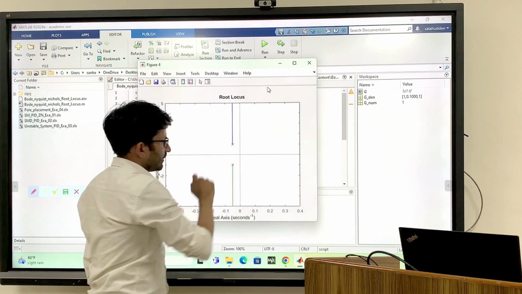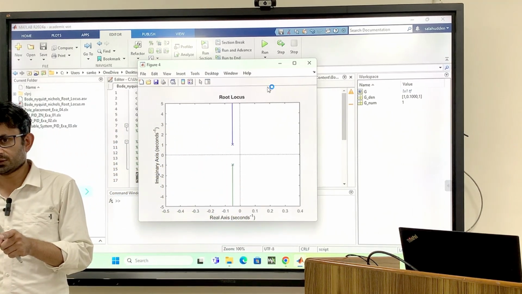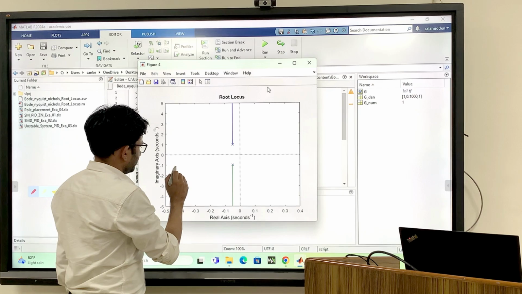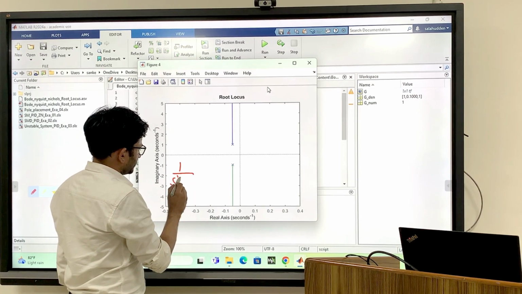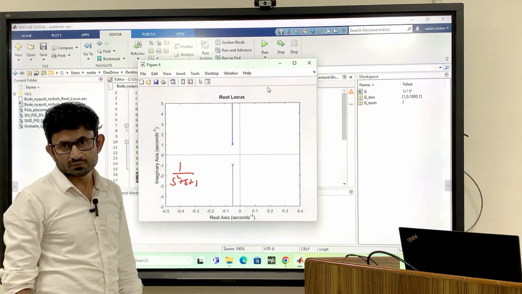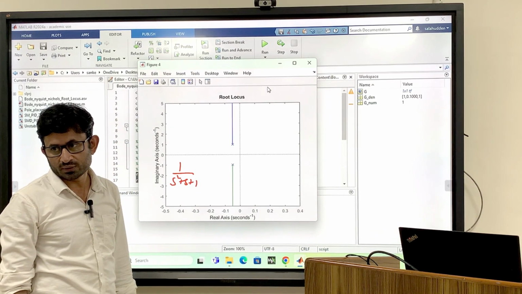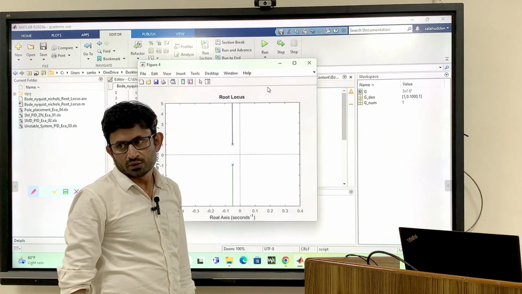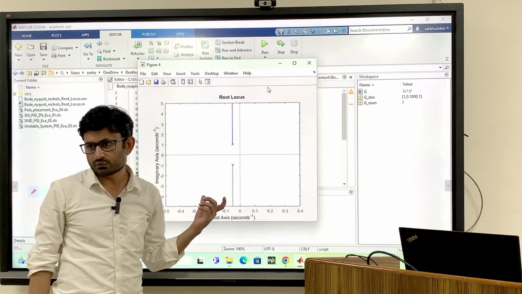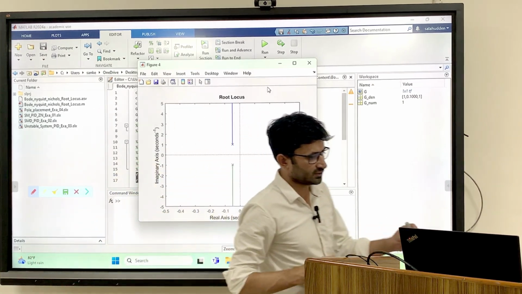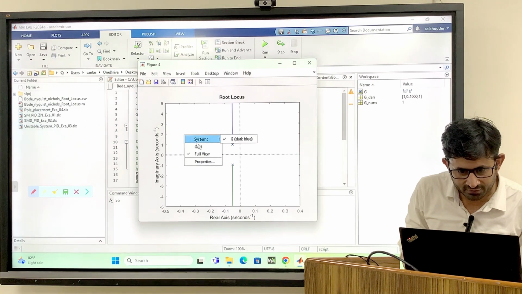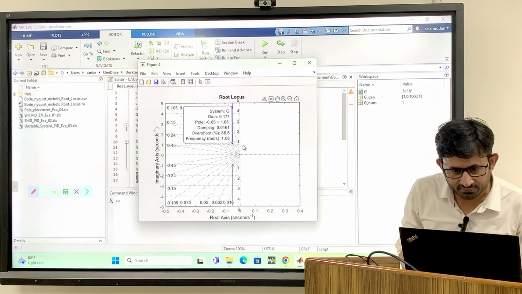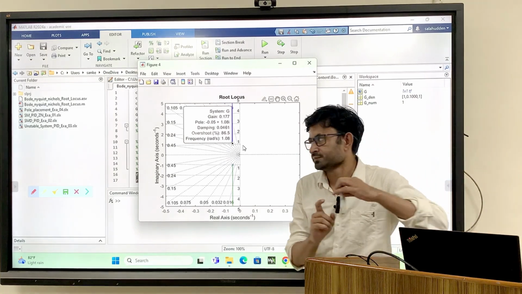As I said, the cross mark indicates the location of the pole. In this case the system was 1 upon s square plus s plus 1, the spring mass system where m equals 1, c equals 1 and k equals 1. You solved this quadratic equation and found the roots. The roots are a conjugate pair, and the root location is minus 0.05 plus or minus 1.08 i.